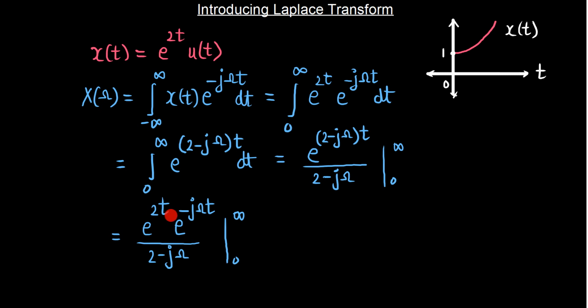This term is a complex number of the form r e power j theta, and if its magnitude turns out to be infinite, we may not be able to find any expression for X of omega. So this expression tends towards infinity.